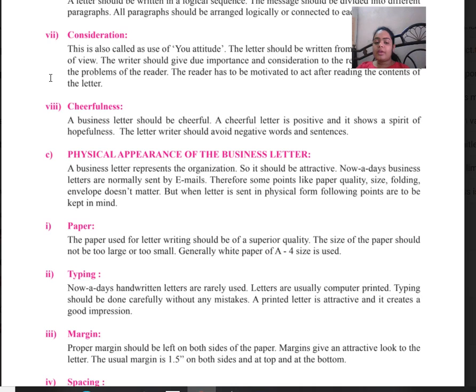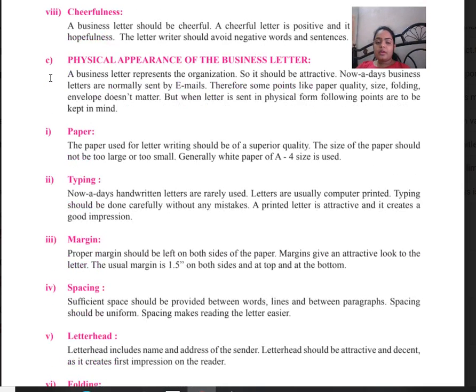So when we are writing that, there is a proper requirement for different aspects of the physical appearance. Firstly, paper. The paper used for letter writing should be of a superior quality. The size of the paper should not be too large or too small. Generally, white paper of A4 size is used. Typing. Nowadays, handwritten letters are rarely used. Letters are usually computer printed.